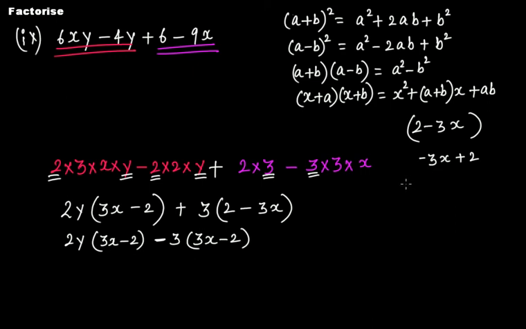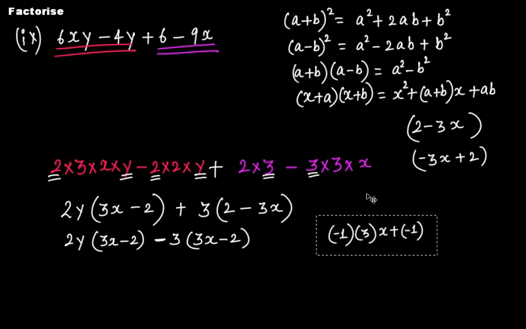Now this is minus 3x. We can write this as minus 1 multiplied by 3 multiplied by x, and this is 2, so this is minus 1 multiplied by minus 1 multiplied by 2, because minus 1 multiplied by minus 1 is 1, that's why you get 2 only.